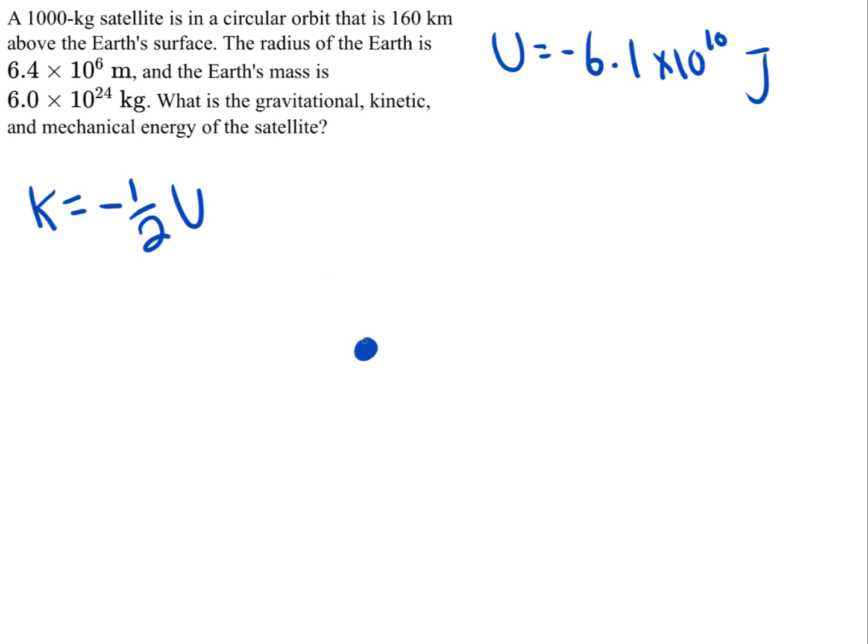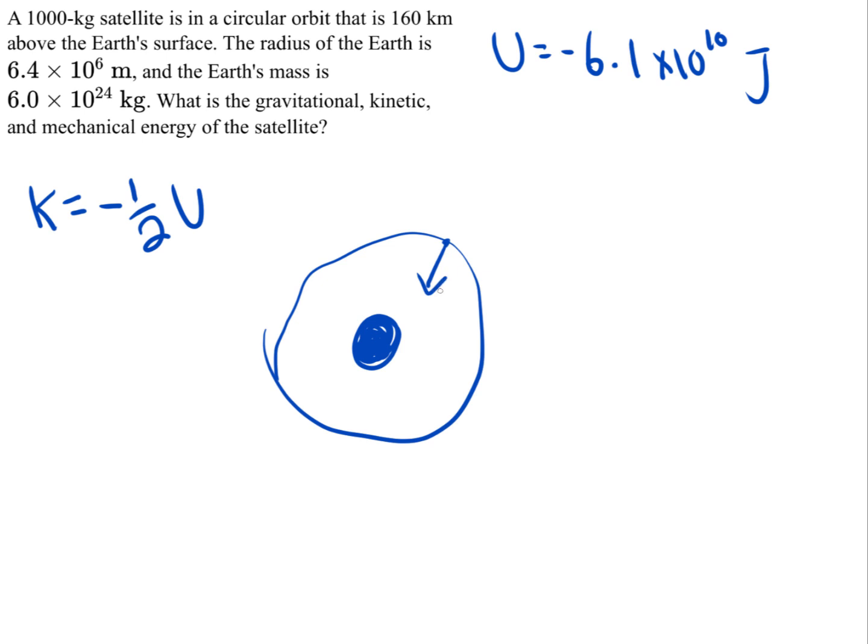So if we have something like the Earth and a satellite undergoing a circular orbit, you're going to have a centripetal force, which is actually the force of gravity acting on it.